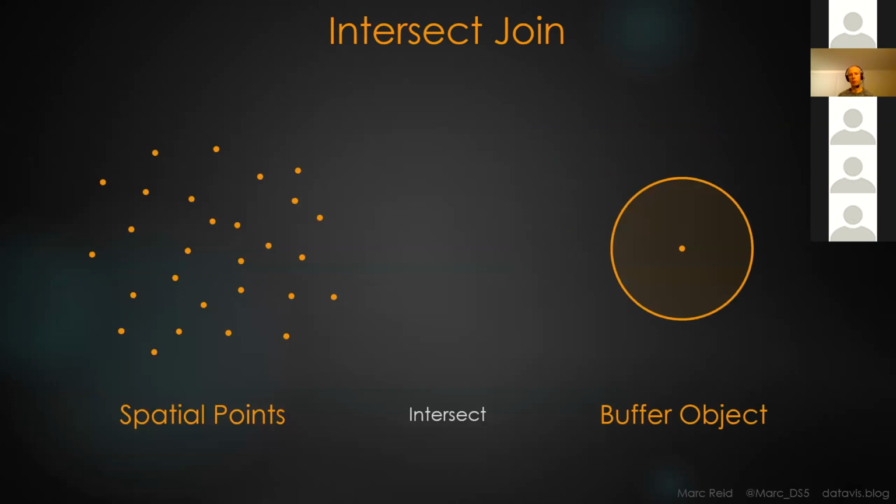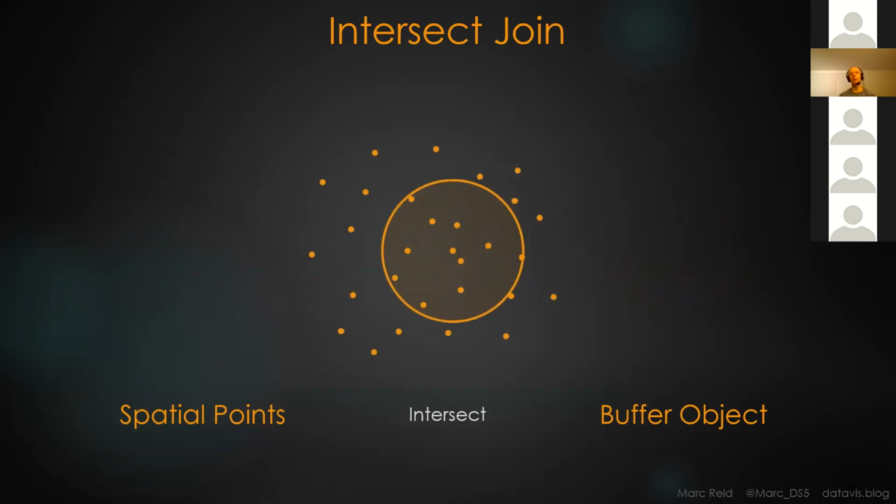So just to explain a little bit more about how these intersect joins work, here's a visual example. On the left, I have some spatial points from my first file. And on the right-hand side, I'm just showing an example of one spatial point with one buffer object. What the intersect join does is it brings these 2 files together.